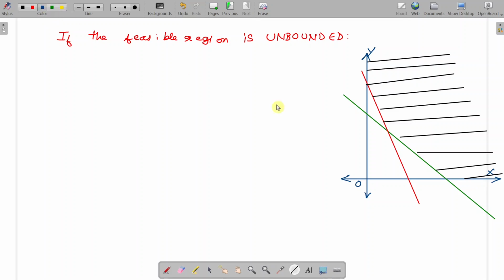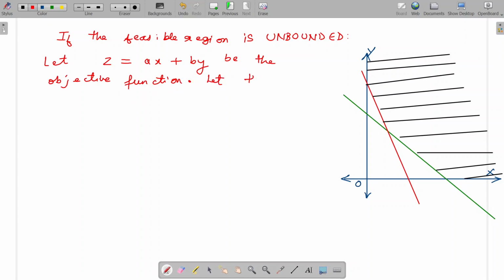Now in this case, what we have to do? So we have to do the following thing. So first let us consider the Z function. So let Z be equal to ax plus by be the objective function, and let the feasible region be unbounded.